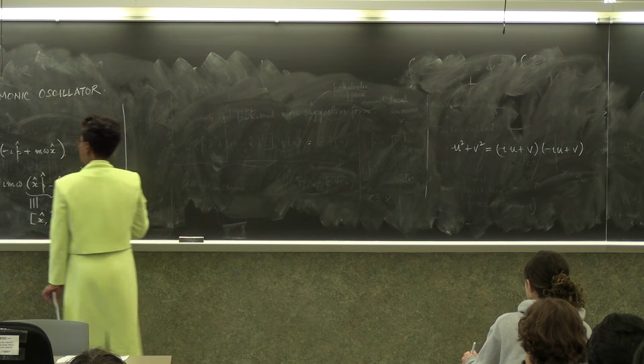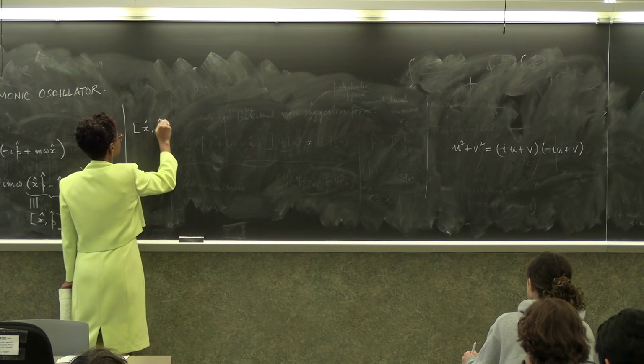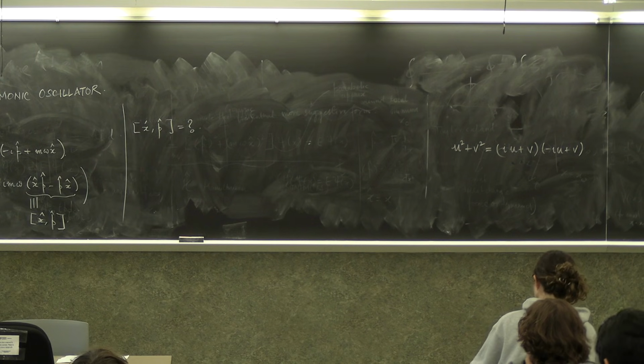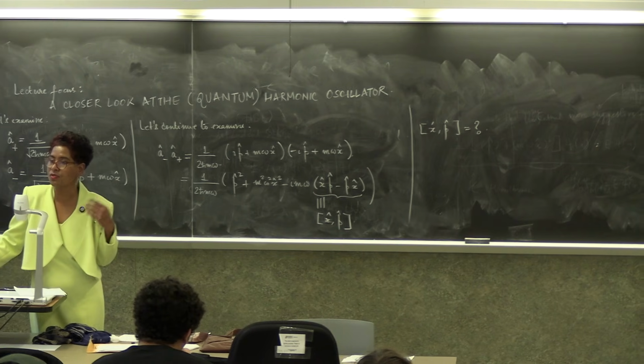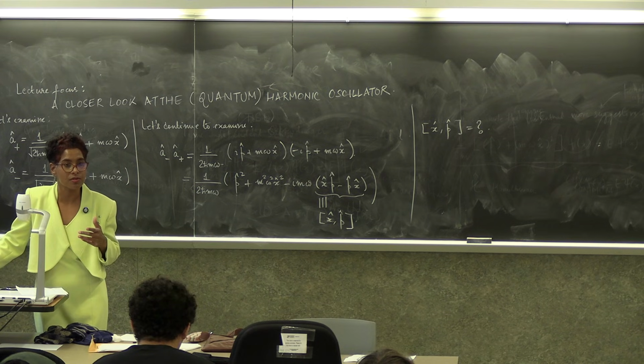And so, to proceed further, we need to find the commutator of x with p, which, even though I expect you have seen before, I'm going to quickly evaluate for you, just to get you warmed up with operators.